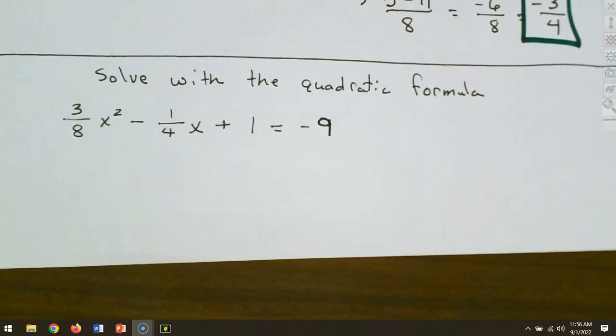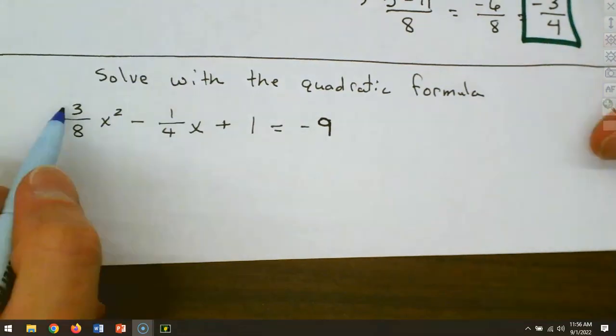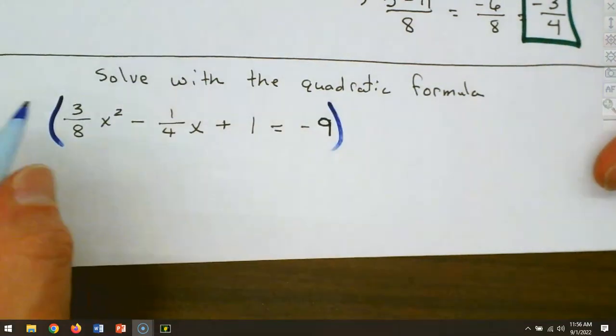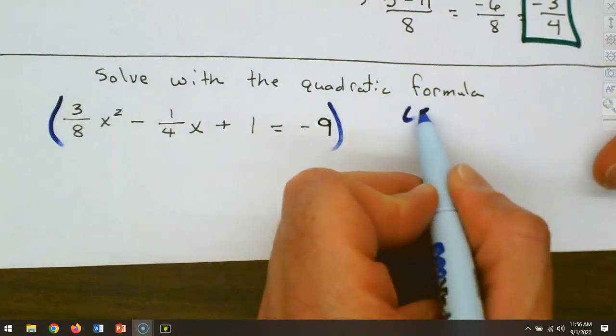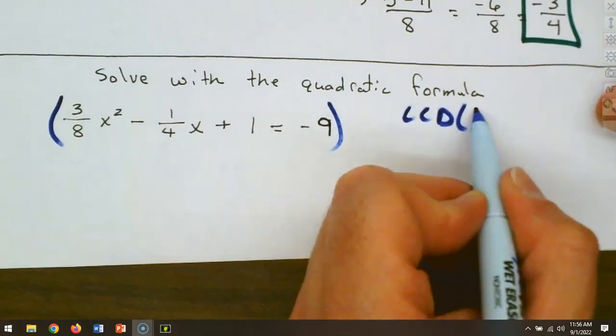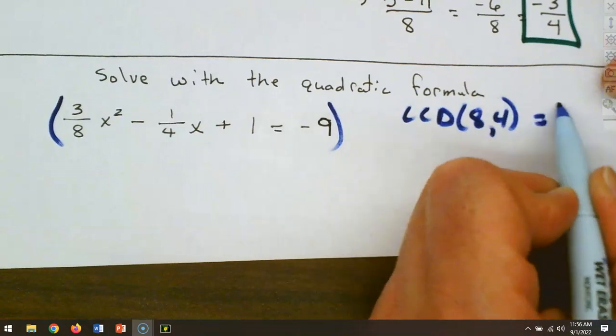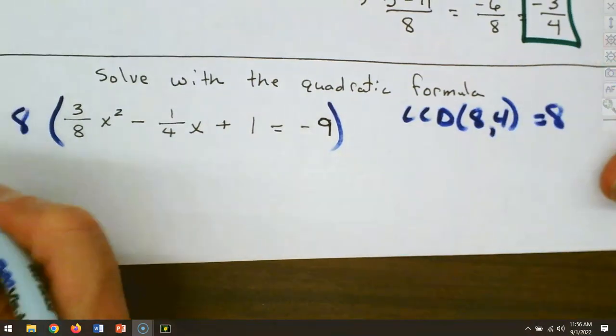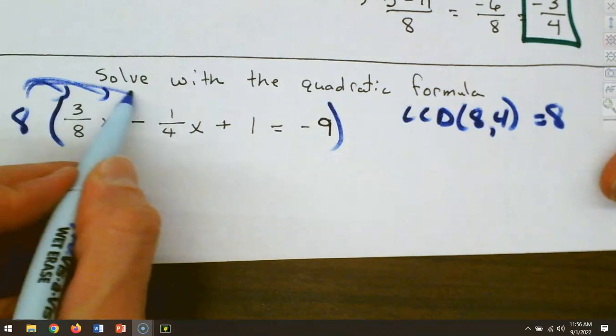And you can either move the 9 over now, or you can just get rid of the fractions. It doesn't matter. It's going to be the same either way. A lot of times students like to just get rid of the fractions in the very beginning. So if I want to get rid of the fractions, what do I need to multiply all of this by? Not 2. 8, right? Because the least common denominator of 8 and 4 is 8. So everything now gets multiplied by 8.